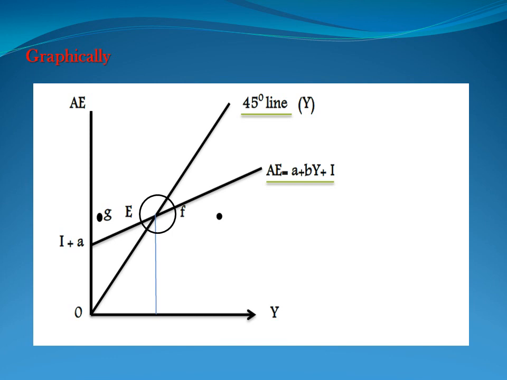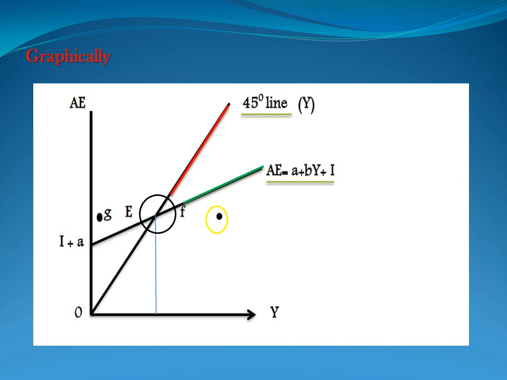Any point to the right or to the left of point E cannot be an equilibrium point. For example, to the right of the equilibrium, point F, there would be an excess supply in the goods market. Why? Because the 45 degrees line lies above the desired aggregate expenditures line.